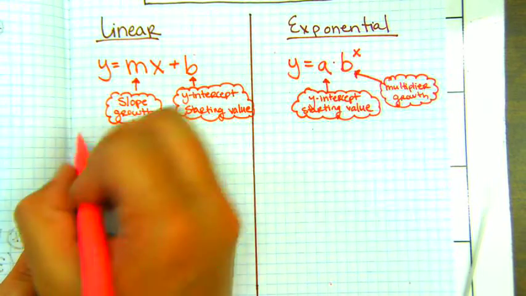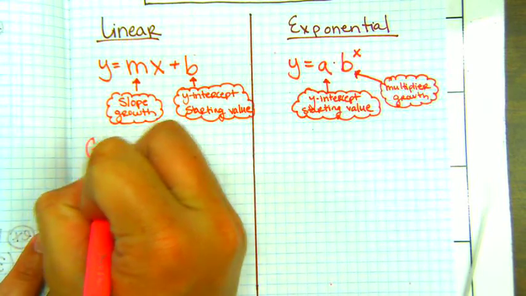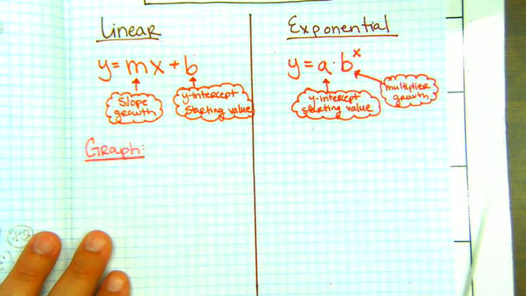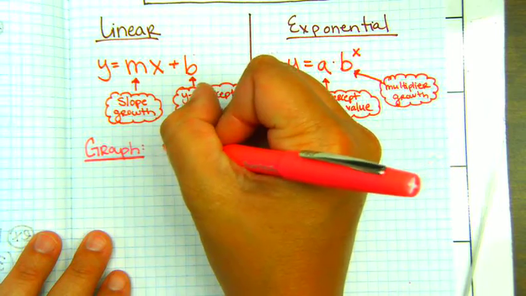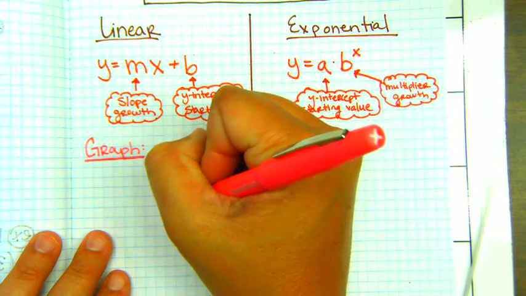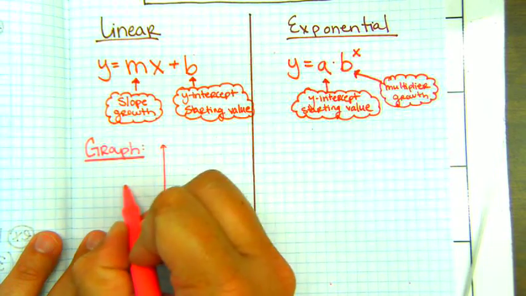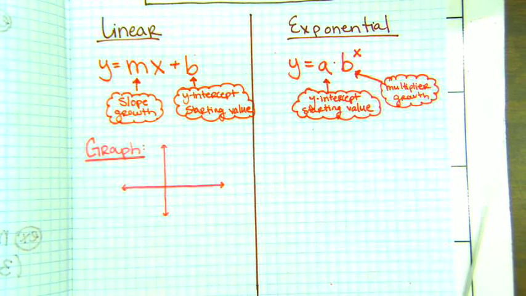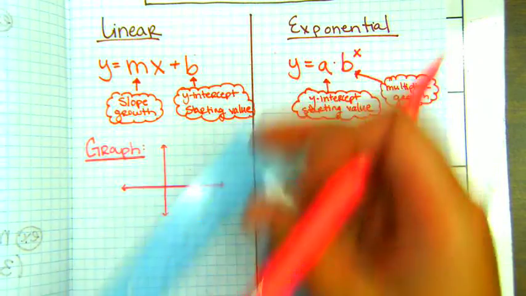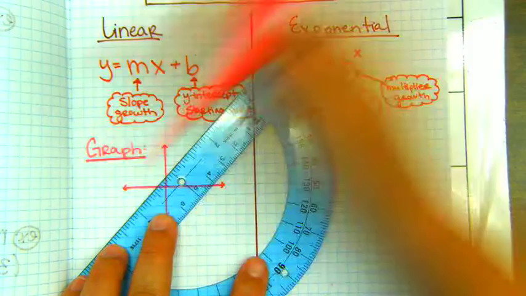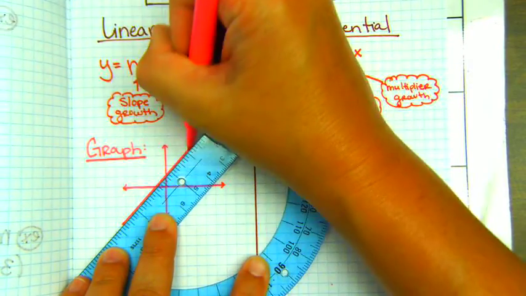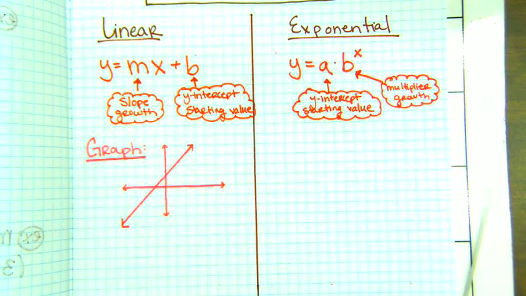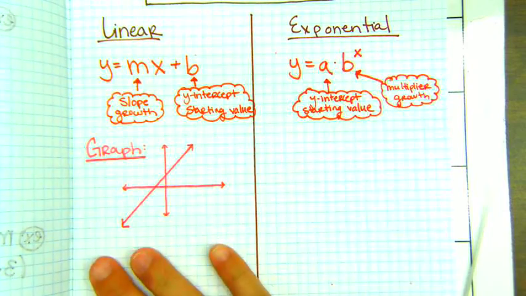So let's graph both of them. Just a quick example of a graph. A linear function is obviously going to be a line. And it could be increasing, it could be decreasing, it could be going through the y-intercept, it could be going through the origin, it doesn't matter. I'm just going to draw that as a quick example. There's a line. This one happens to be increasing.